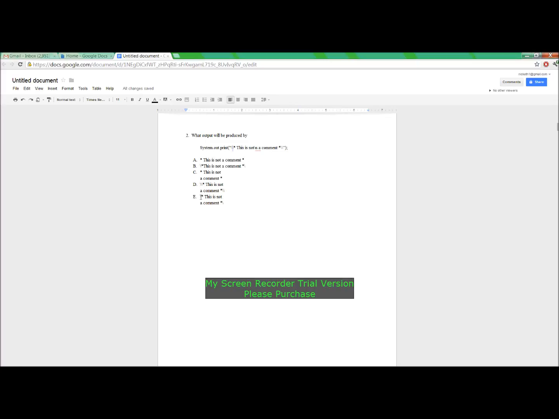And so you only end up with one backslash. And then this asterisk, nothing is done to it, because these backslashes have already acted on one another. So nothing happens with this asterisk.